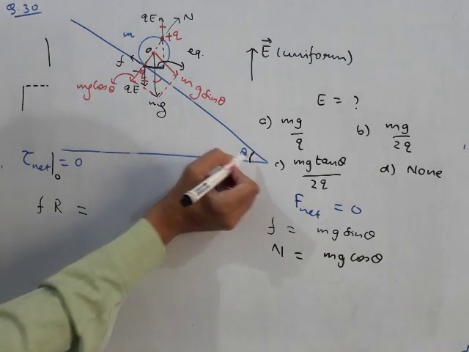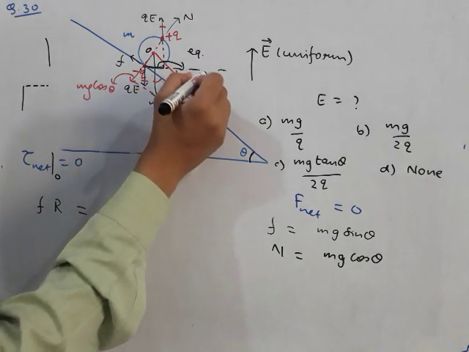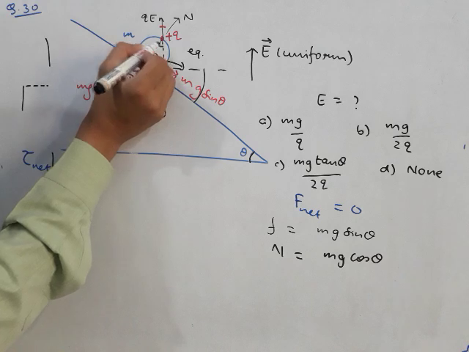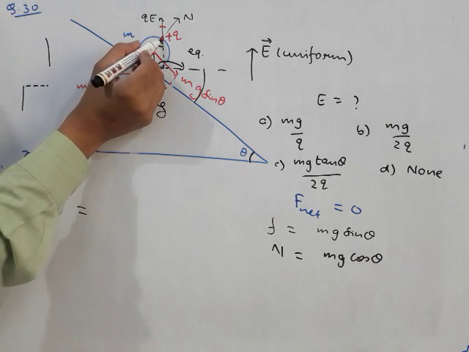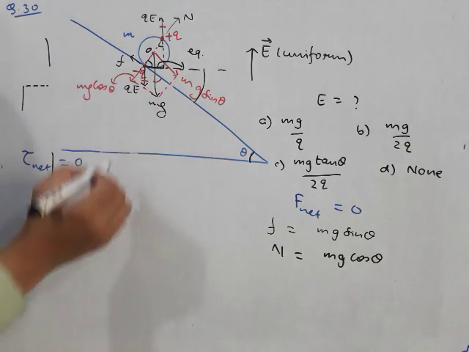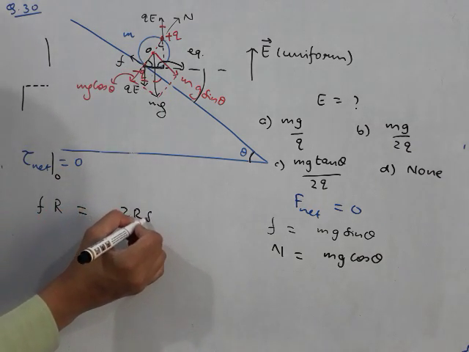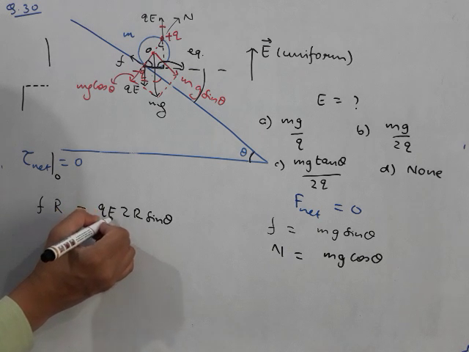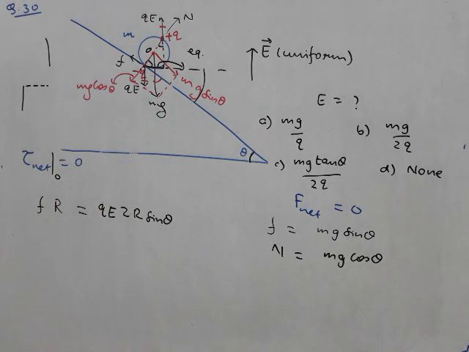You can see again, this is theta. This line, if I produce, this angle will also be theta. So this will be 90 minus theta and this will be theta. If this is theta, this is 2r, so this will be 2r cos theta, which we don't want. We want this one, that will be 2r sin theta. So this is the perpendicular distance and the force is Q times E.